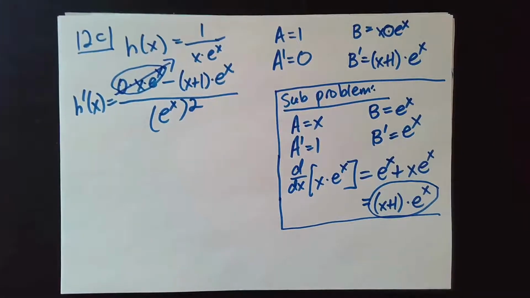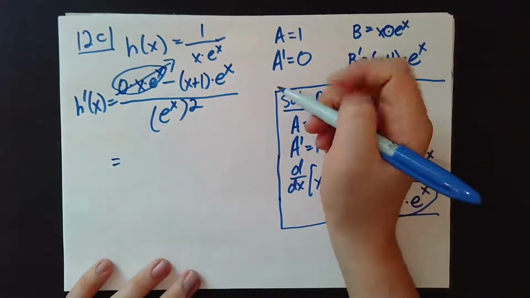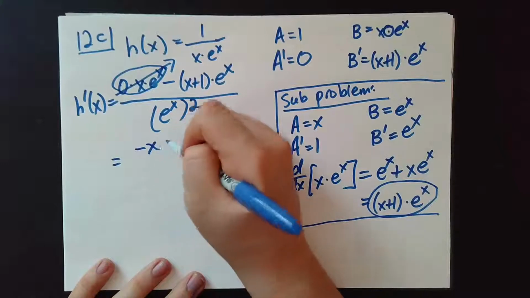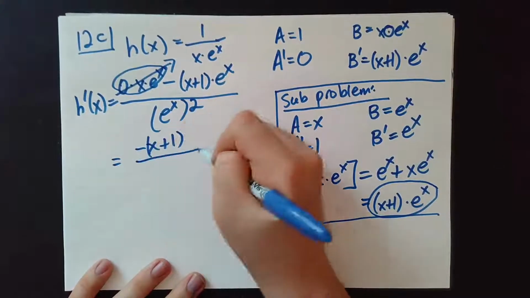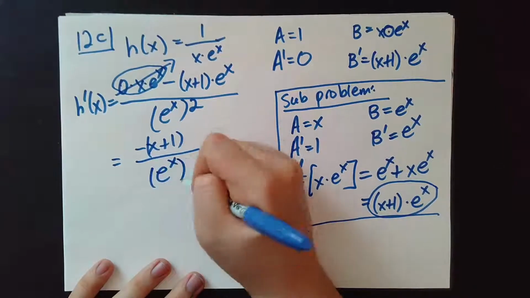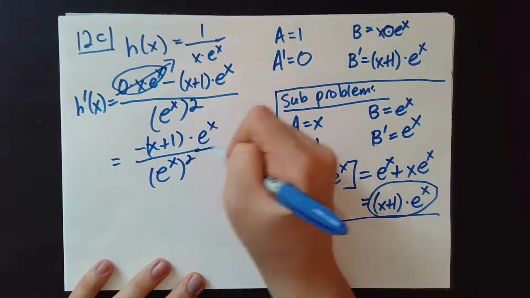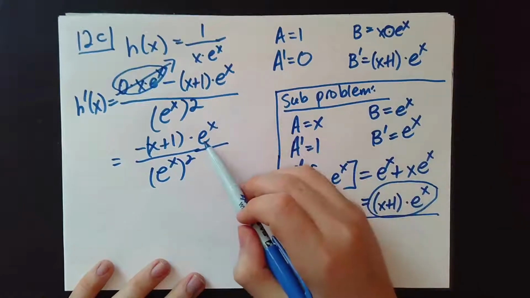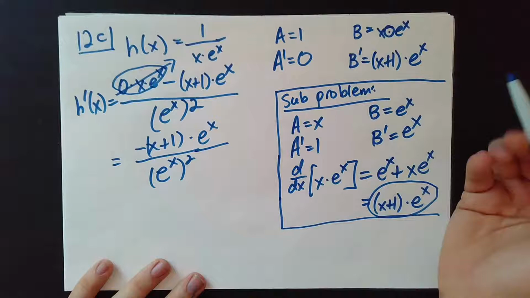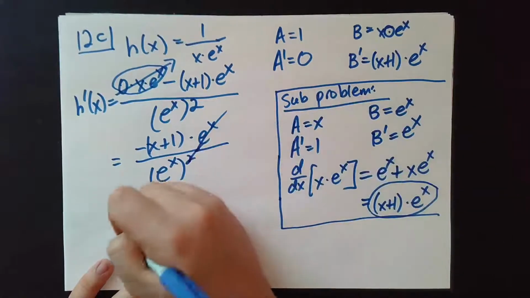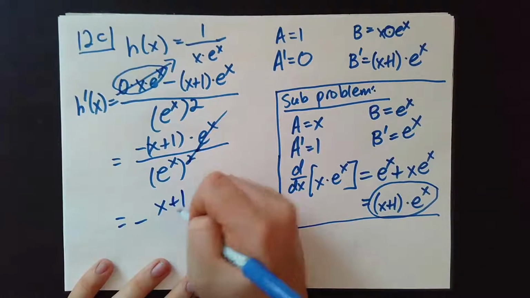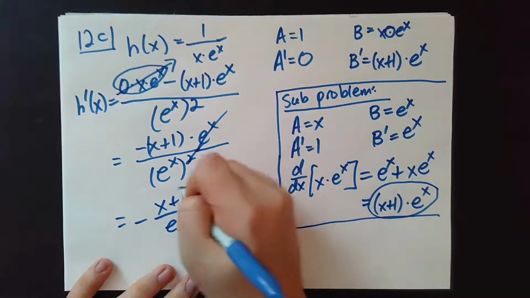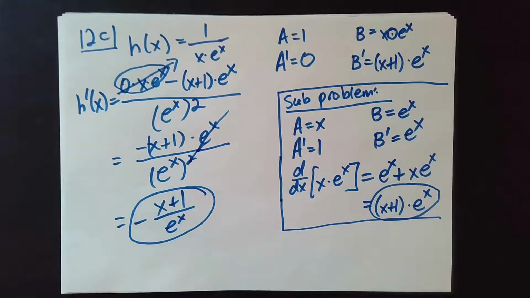We don't just get rid of the 0. It gets rid of the entire term. And so this is minus x plus 1 divided by e to the x squared. Sorry, there is a times e to the x. Now I have an e to the x in the numerator and 2 e to the x's in the denominator, so I can cancel one of them and get that, which is the answer.